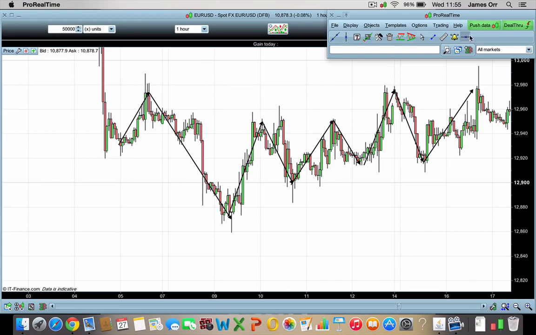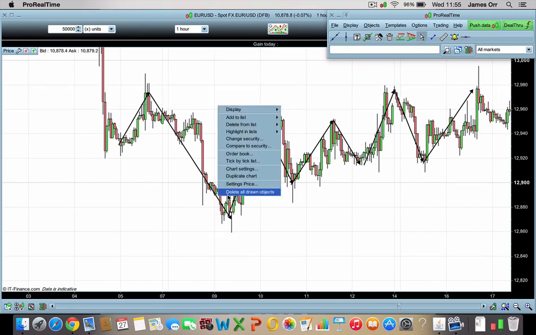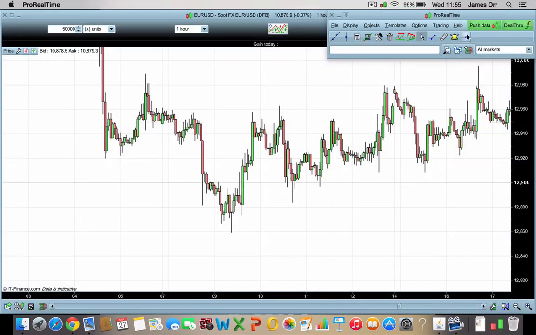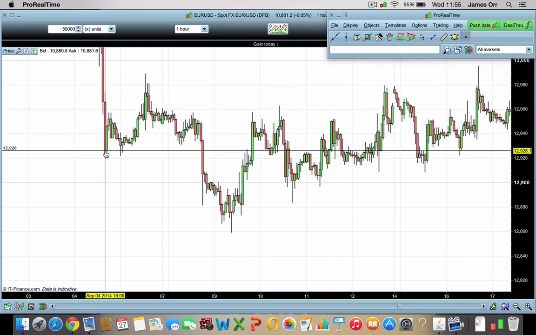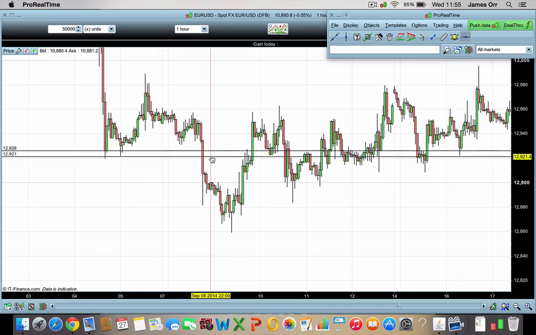And so what you're looking to do, again, if I delete all these, is find the points where the market makes the biggest moves. You can see this is a strong move down here, and then it bounces. So this is obviously going to be an area in the future that is going to be important.